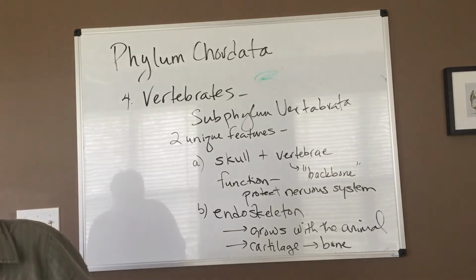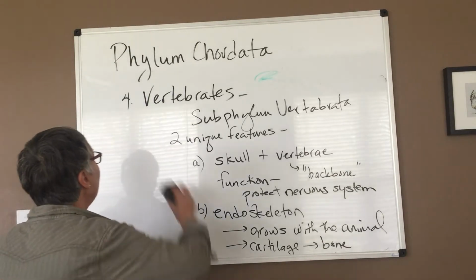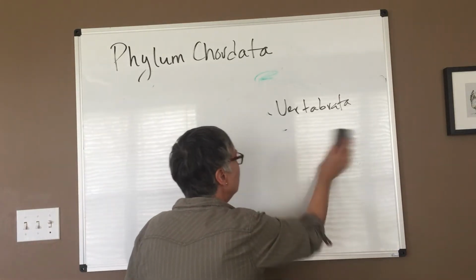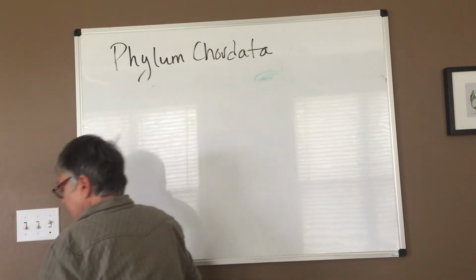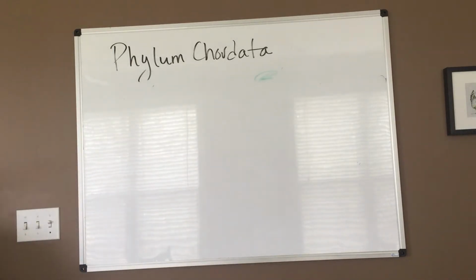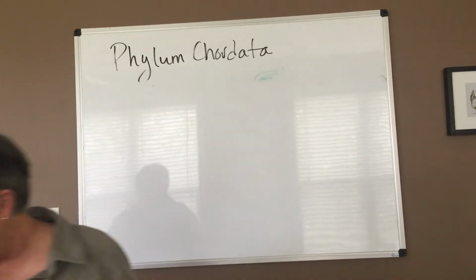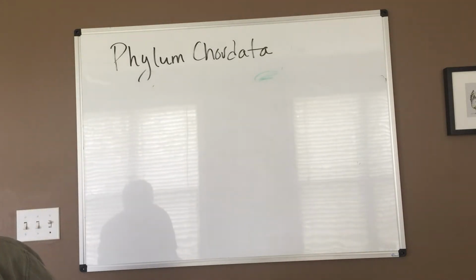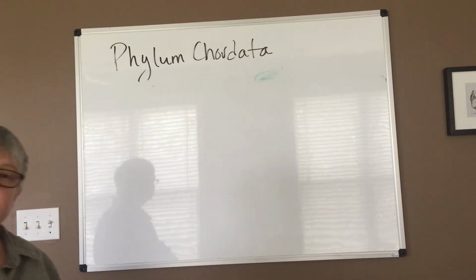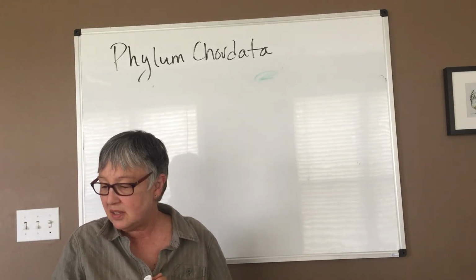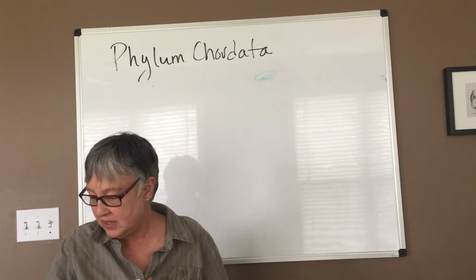Let's go on to point number 5. And here I just want you to take a look at figure 25-4, which shows a hypothetical evolutionary sequence of the vertebrates.